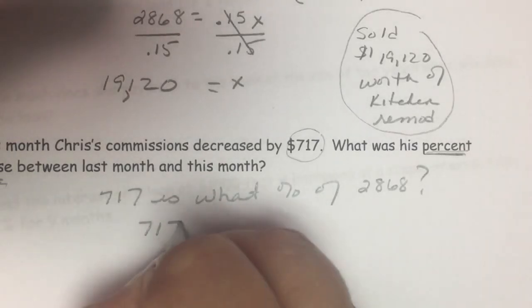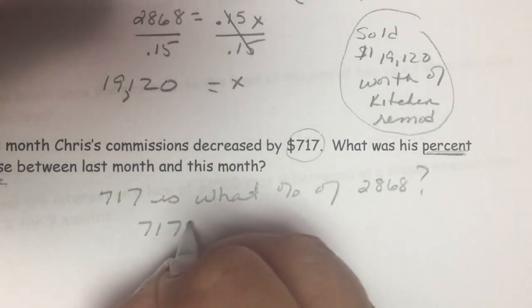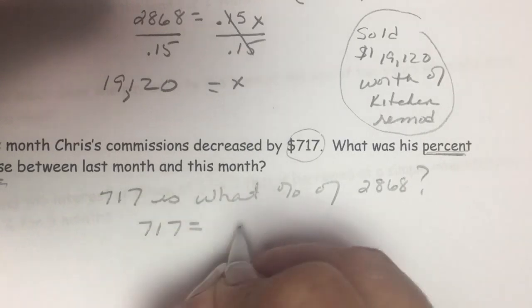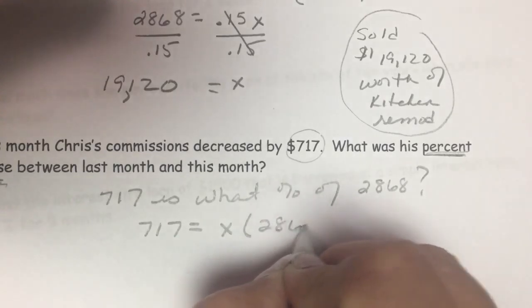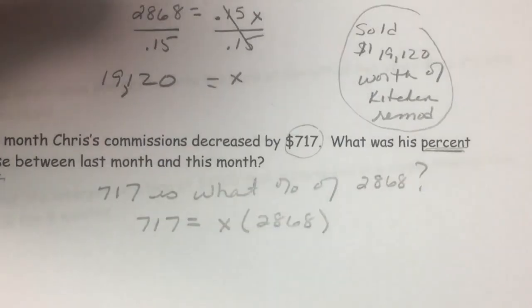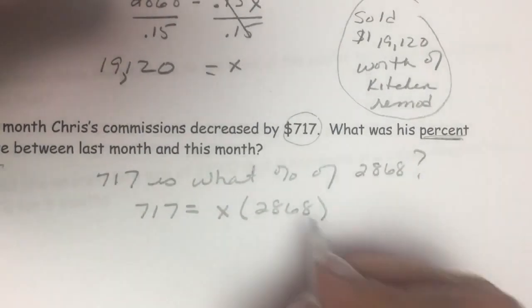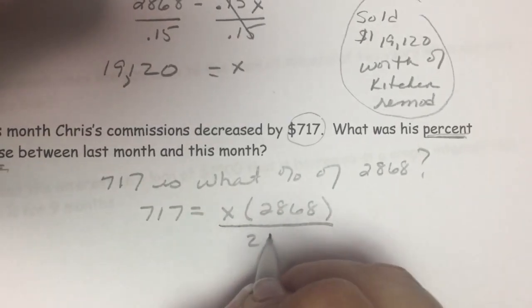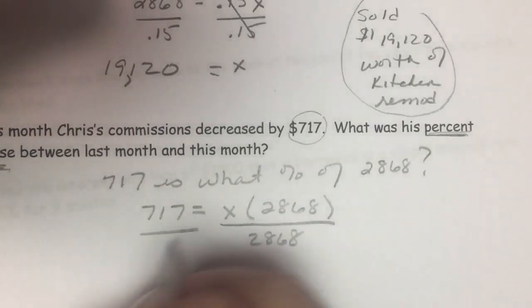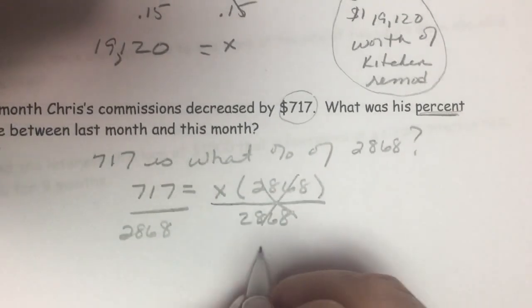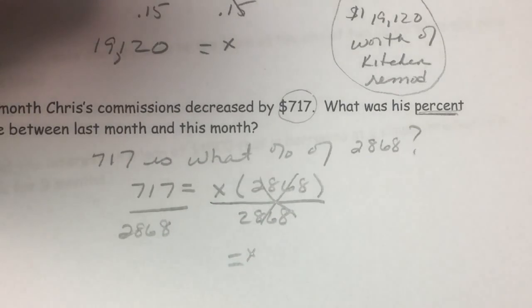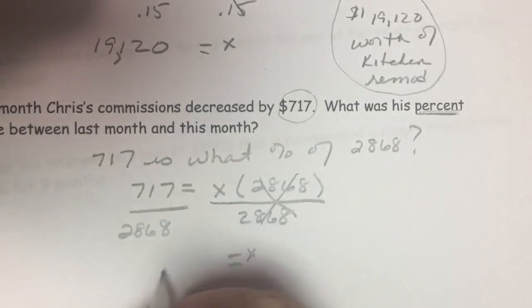So if we just change this into a sentence, so 717 is what percent of, that's times, let's go ahead and get the x alone by dividing by 2868. Those will cancel. If I plug this into my calculator, 717 divided by 2868, I get 0.25.